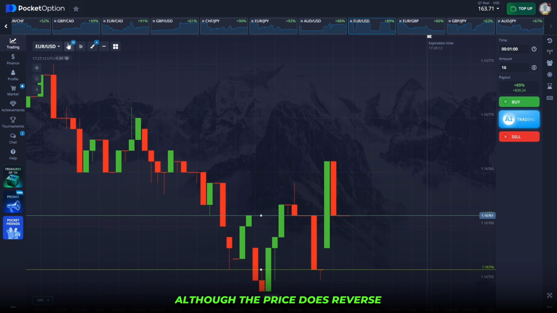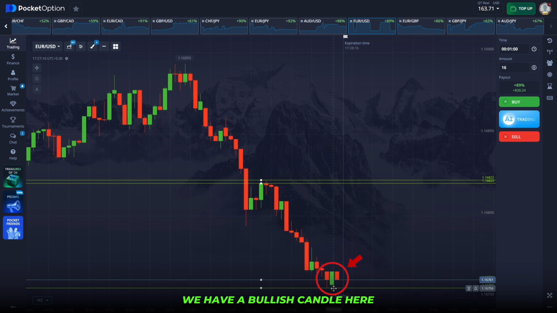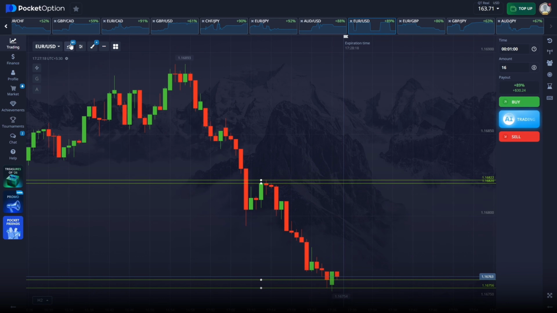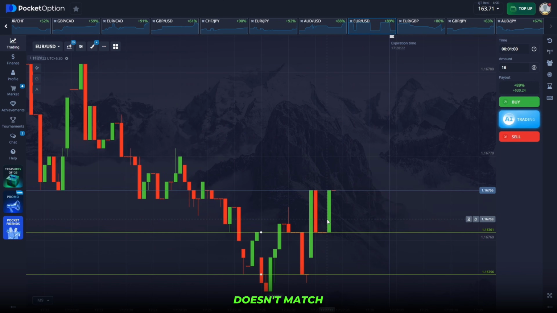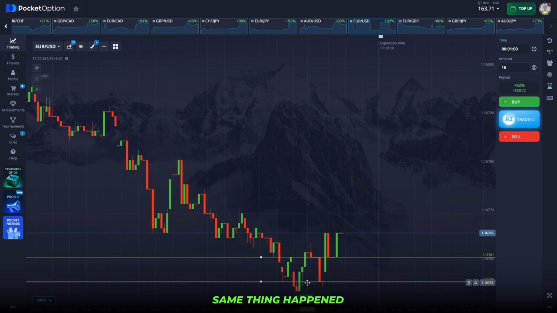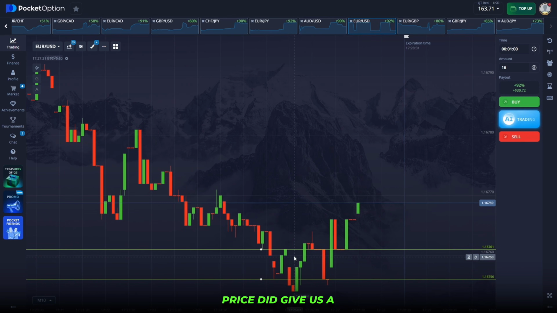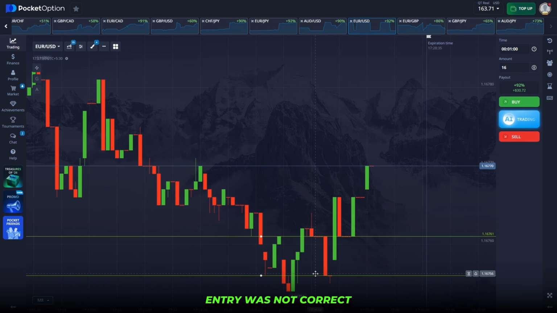Although the price does reverse on the 1 minute chart, we have a bullish candle here. So all in all, we lost this trade because our entry and the expiry don't match. But the analysis was that price will give us a 1 minute reversal trade. Same thing happened. Price did give us a reversal pattern here, but we lost it because our entry was not correct.